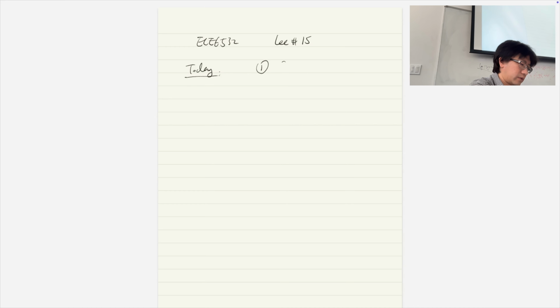Today we'll cover the sources with memory. M-E-M-O-R-Y. This is our chapter 4. Last class we finished talking about the Markov source, so let's continue on that.